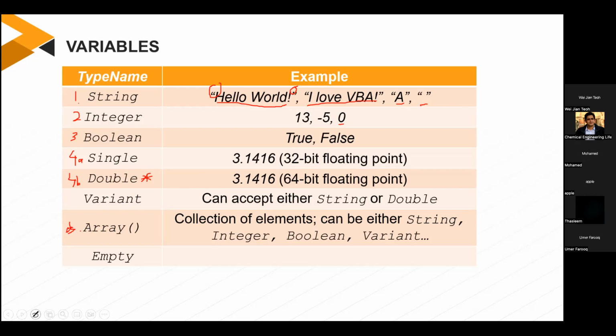And finally, we have an empty variable type. This happens when we have forgotten to declare a variable. Usually we don't create empty variables on purpose. Usually it's accidental: we made a mistake and actually declared an empty variable. That variable type will be shown as empty. So up to now, I hope that everyone is still pretty okay.